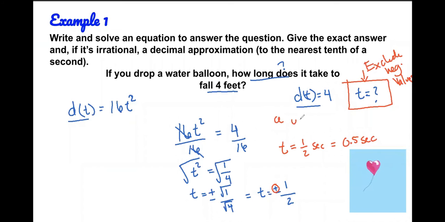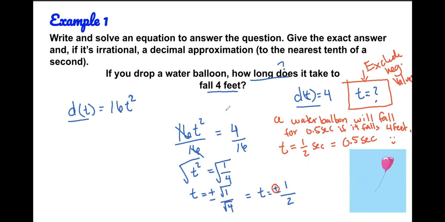A water balloon will fall for 0.5 seconds if it falls 4 feet. There you go. And you can go ahead and write your happy face that you proved it.